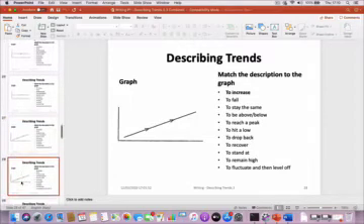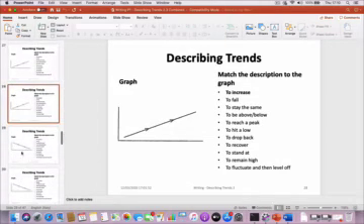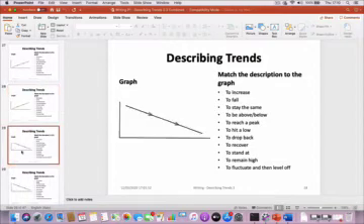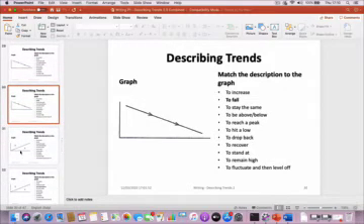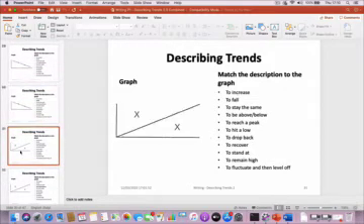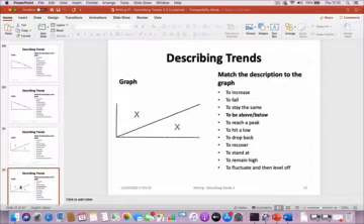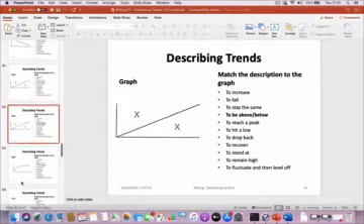In this case, I would say to increase. The opposite, I would say to fall. In this situation, we have a line going between 2 points. I would describe this as to be above or below 2 points in the graph.